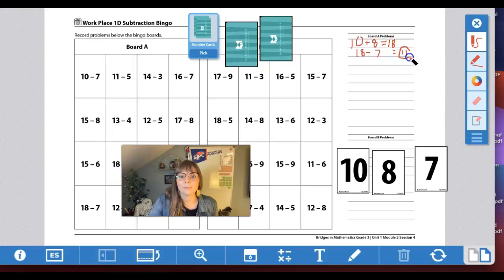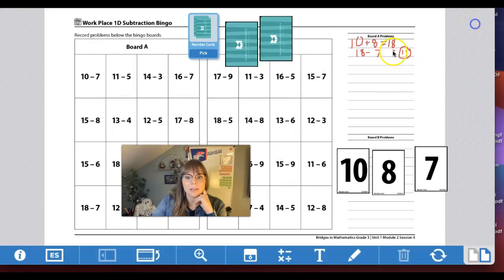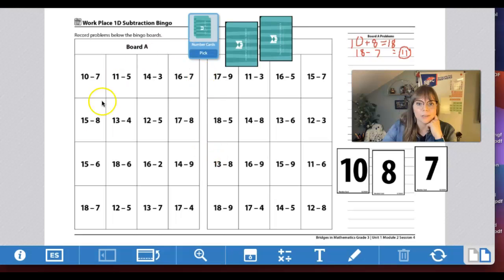Okay, that's my total. Now for the bingo aspect, I'm going to look at my board and see if I find any equivalent equations that also have a total of 11. 10 minus 7, no. This one's close, but nope. Nope.